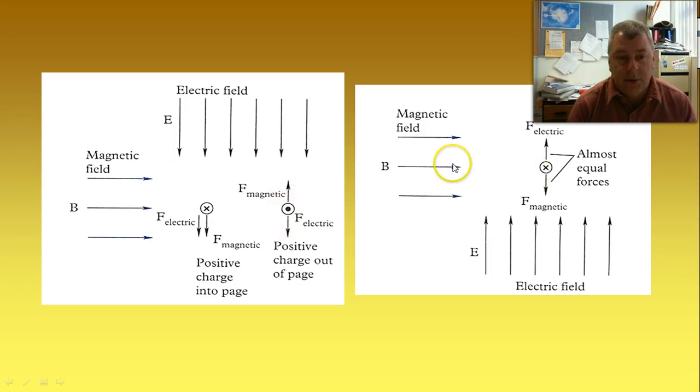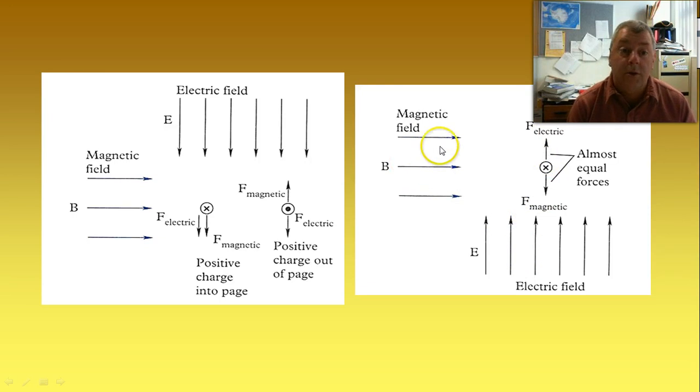Here's another example. All they've done here is swap the electric field around, so it's now the positive charge into the page is experiencing almost equal forces if we've tuned in the magnetic field and the electric field.